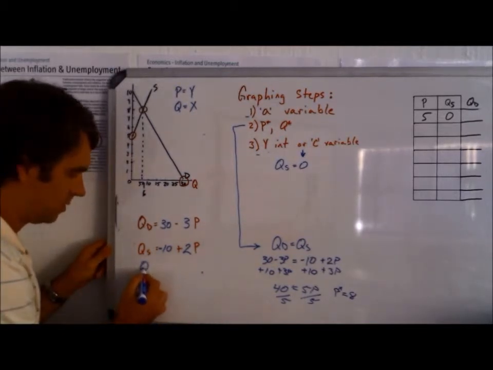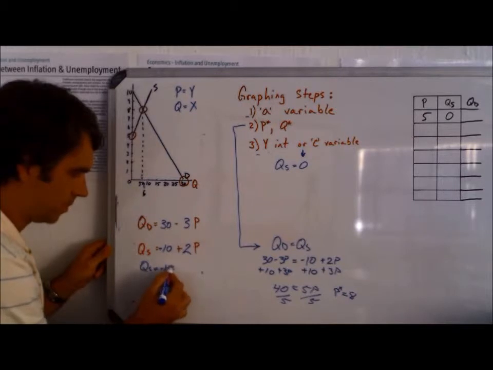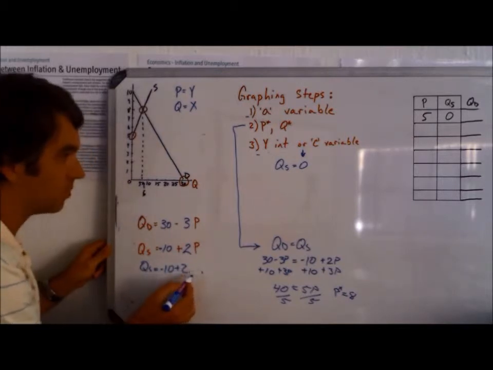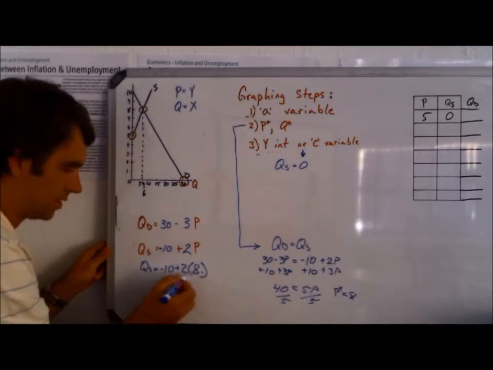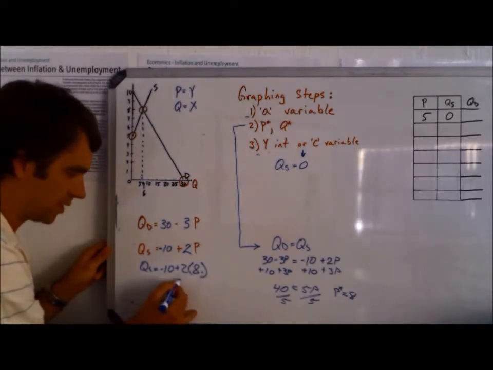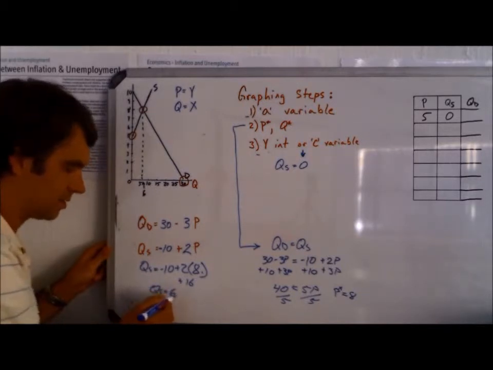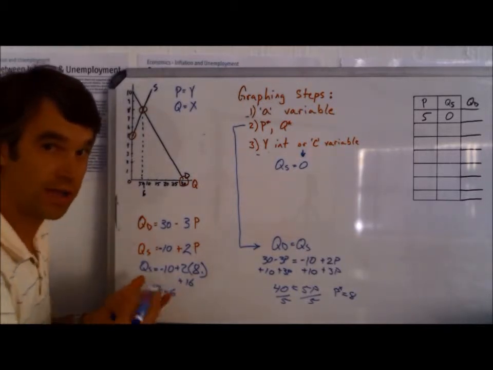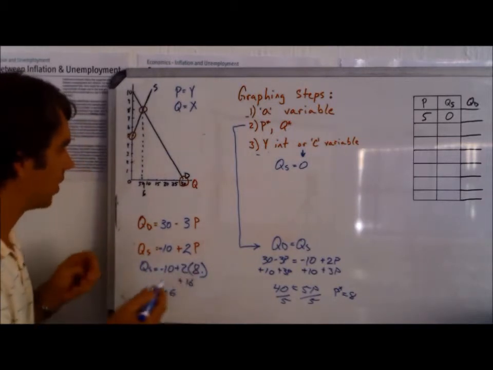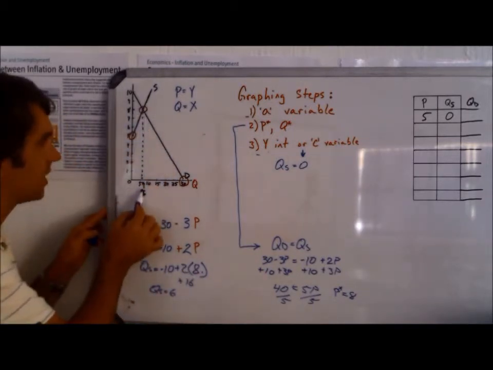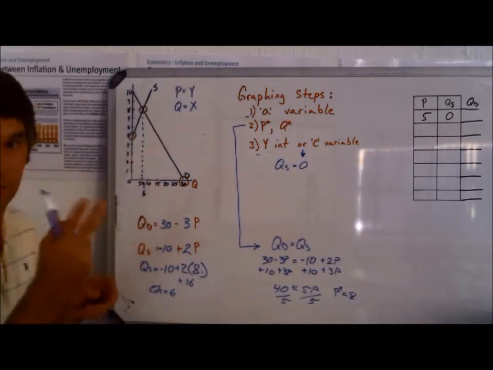So negative 10 plus 2 times the price of 8. That's 16, so negative 10 plus 16, of course, is 6. So by doing it twice, you show that quantity supplied is equal to quantity demanded. Regardless, we know the quantity now is 6 at a price of 8, so that's our second point.